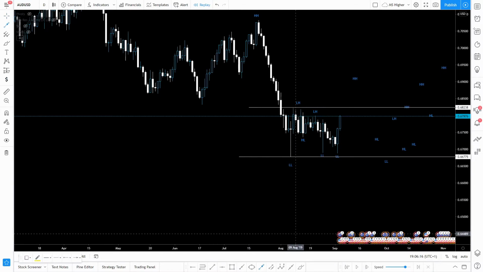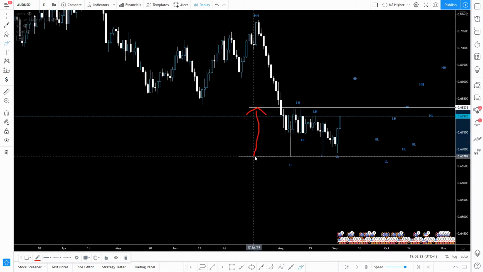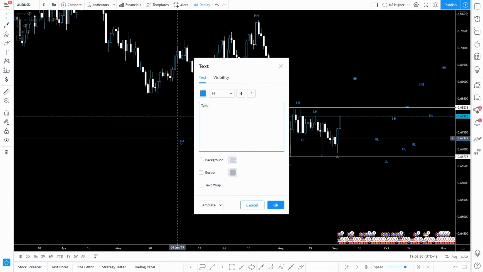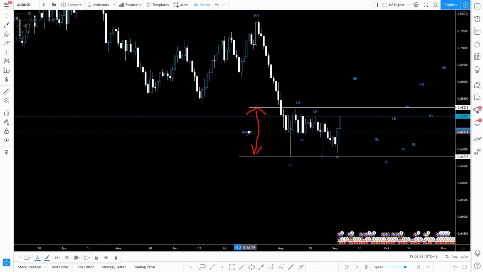Forgive my drawings, I'm not an artist. So that line there, this is called a range. Some call it consolidation, it's consolidating.